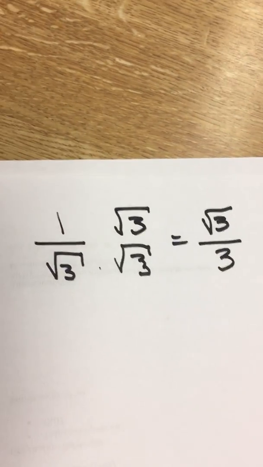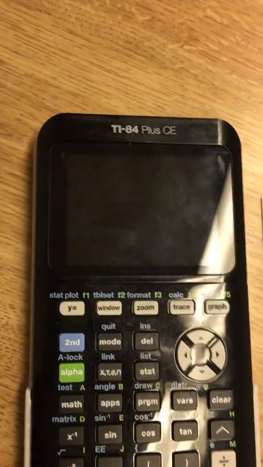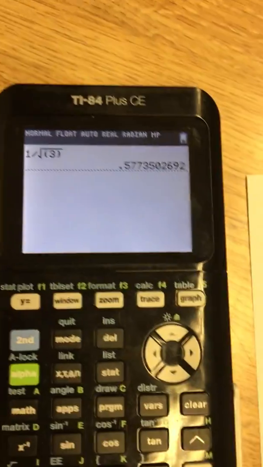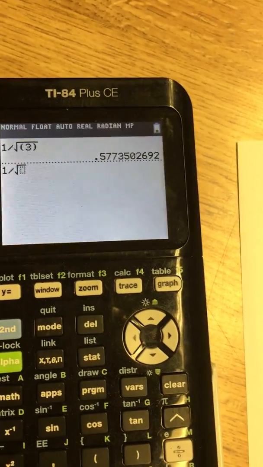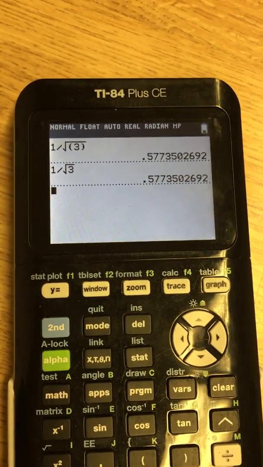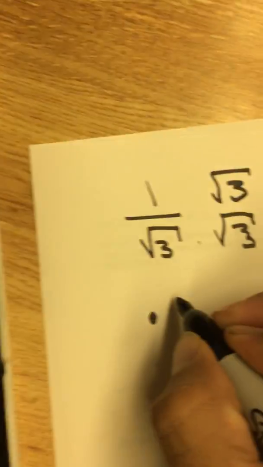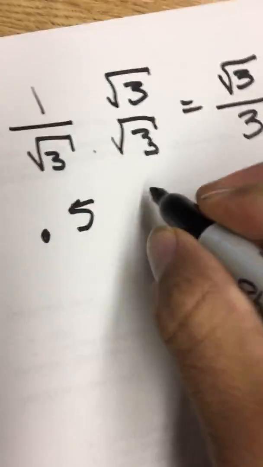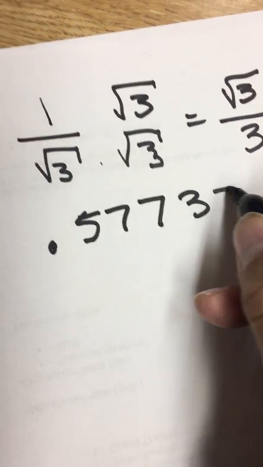So, anyway, I always wondered about this, so I thought, well, maybe if we used a calculator, we could take 1 divided by the square root of 3. And we'd get an answer of 0.57735.